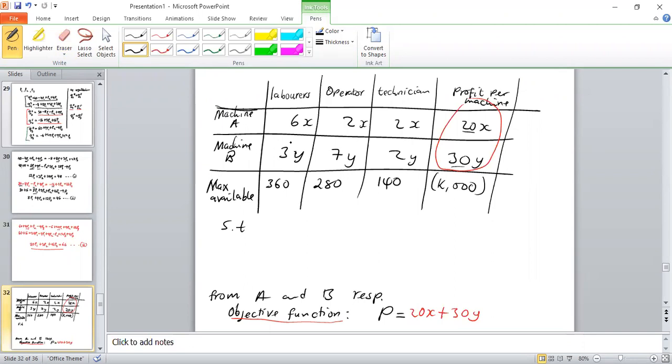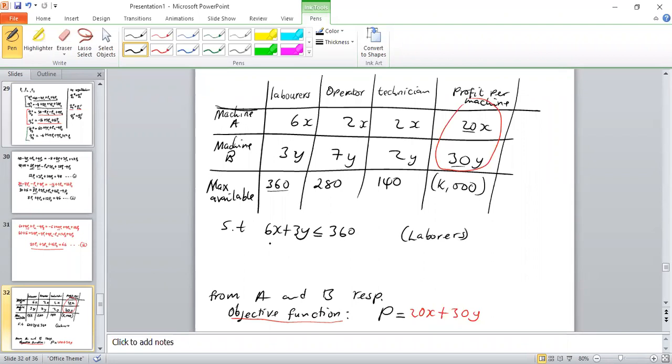The first constraint is for laborers. So we'll say 6x plus 3y. Now, you can't go beyond what is available, and what's available is 360. So you can only get less than or equal to 360. That is the first constraint, and it is coming from laborers.